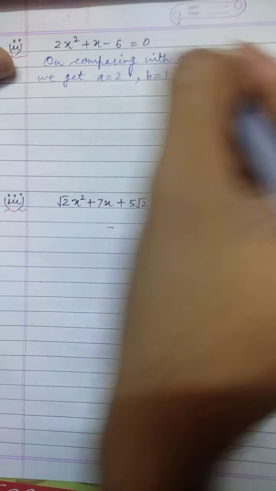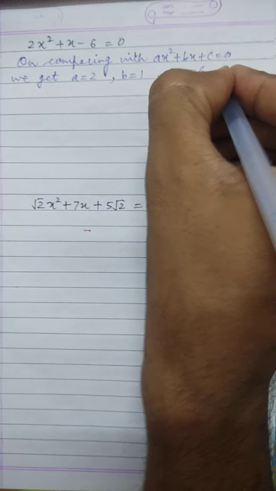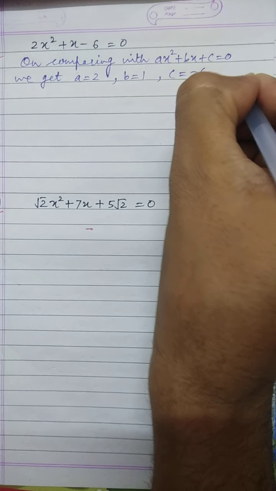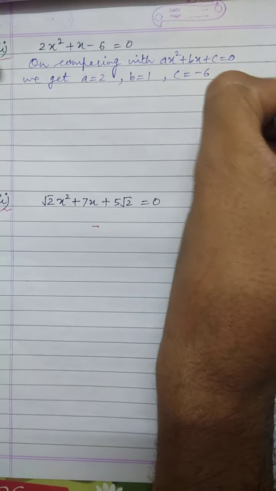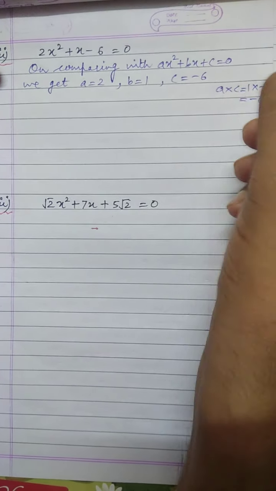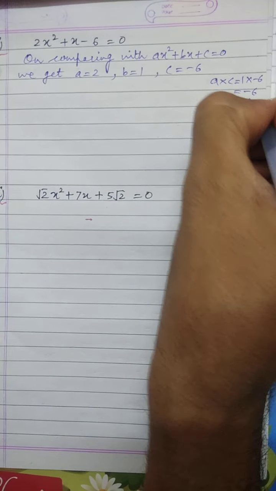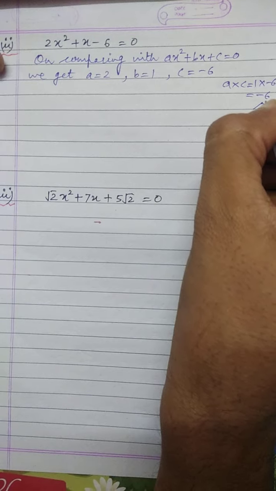Now the product of a and c is 2 multiplied by minus 6, you will get minus 12.